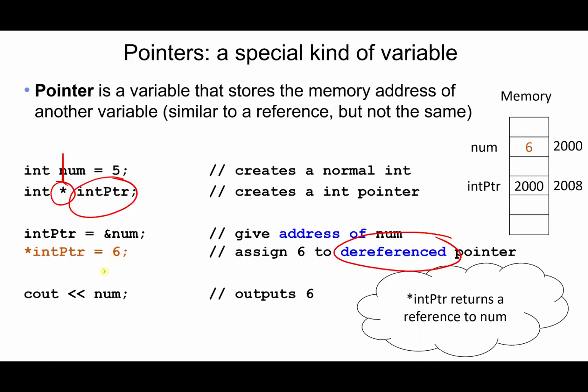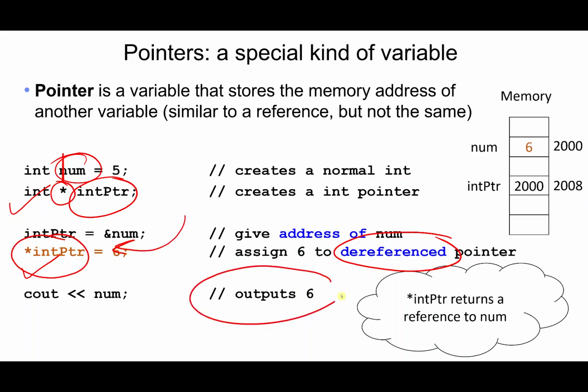So here's how I create a pointer, and here's how I dereference a pointer. So if I'm going to change the value of num using the pointer, I'm going to dereference the pointer, then assign it with the new value. And now this outputs 6 if I printed num, because remember, this is pointing at num.